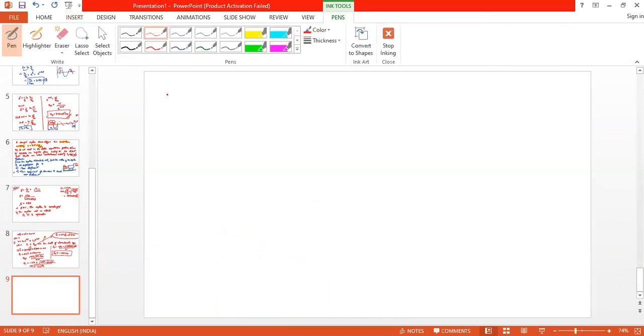So x is equal to C1 e power S1t plus C2 e power S2t, that is C1 e power minus 10.77t plus C2 e power minus 139t.